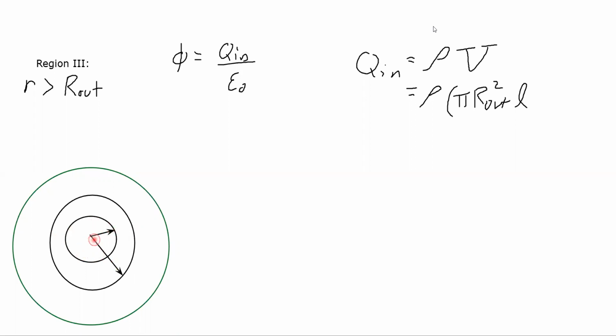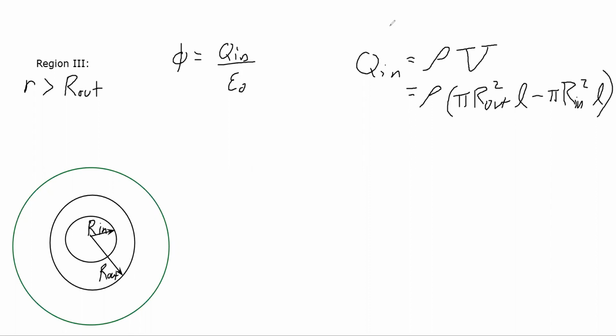So I need to subtract out this empty space: minus pi R in squared L. If you need to see it here, this is R in, and this one is R out. Okay, so that's my Q inside.